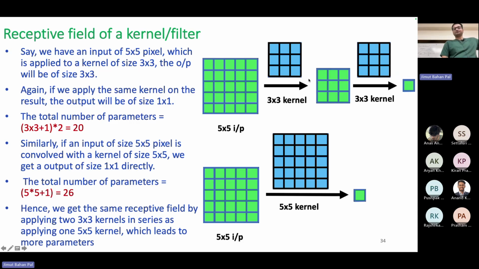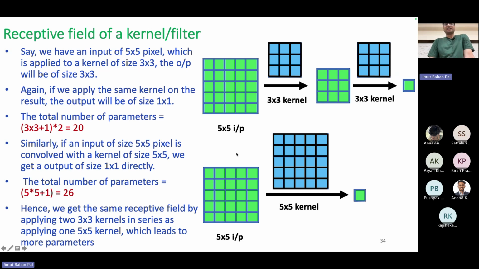The number of parameters for this operation: each kernel has 9 pixels, so 9 into 2, plus 1 bias for this kernel and 1 bias for this kernel. So it will be 20 parameters. But if we just apply a 5 cross 5 kernel to the input, we will directly get an output feature map of size 1 cross 1.